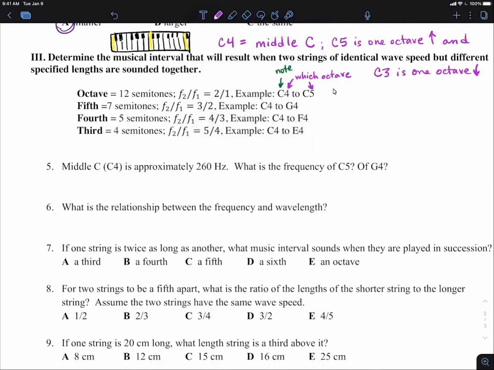With these ratios, the important thing to remember is that if a note is higher on the keyboard, the frequency is larger, and the length of the string or the tube that's responsible for that note is shorter.